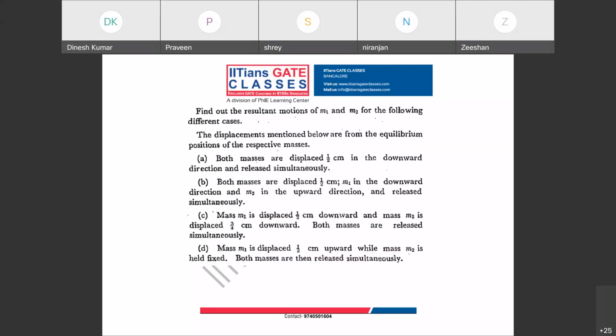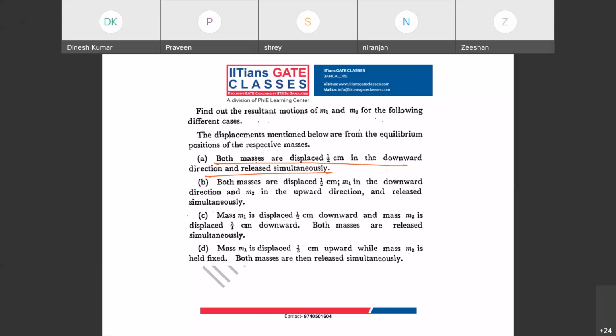Yeah, so this is a Grover example, and you can see there are 4 cases. What is the case? Case 1: both masses are displaced half a centimeter downward and released simultaneously.